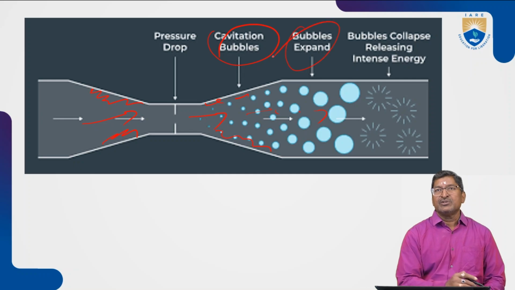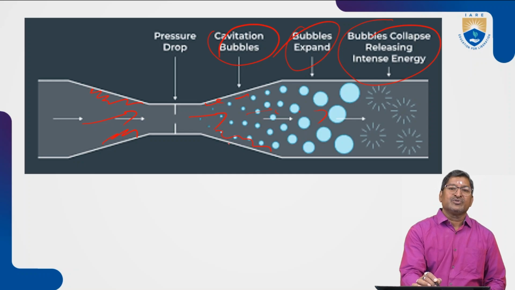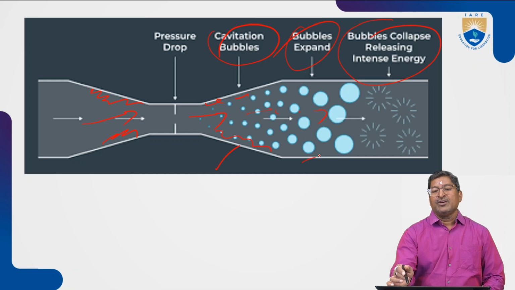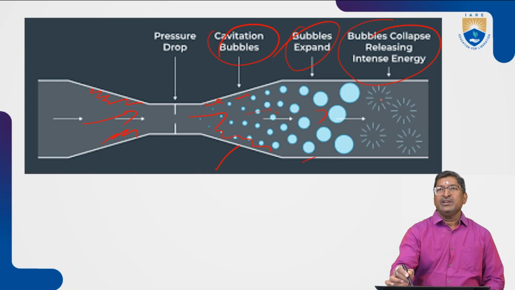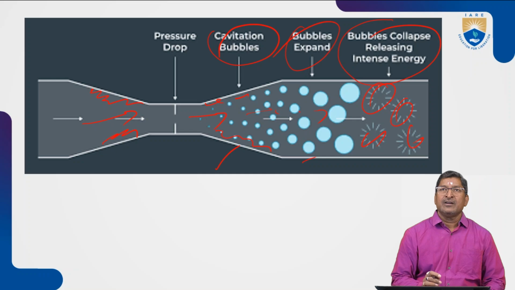Here expansion of the bubbles will occur. Then the bubbles collapse, releasing intense energy. At lower pressure you can observe the formation and increase of the bubbles, and whenever you reach high energy, high pressure, these bubbles collapse and hit the surface of the material, so that damage to that material will happen.